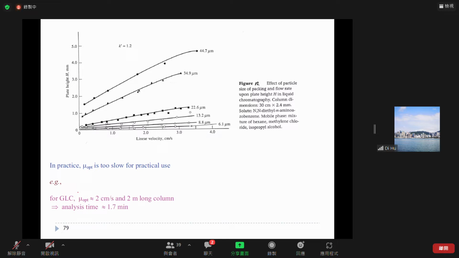You can see with dp decreasing from 44.7 to 34, then to 8.8 to 6 micrometer, this H decreased a lot, right? I think here it even decreased about 10 times.